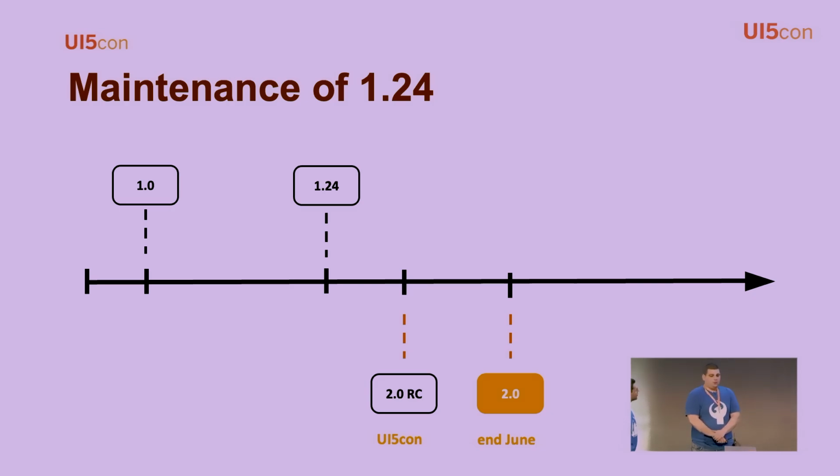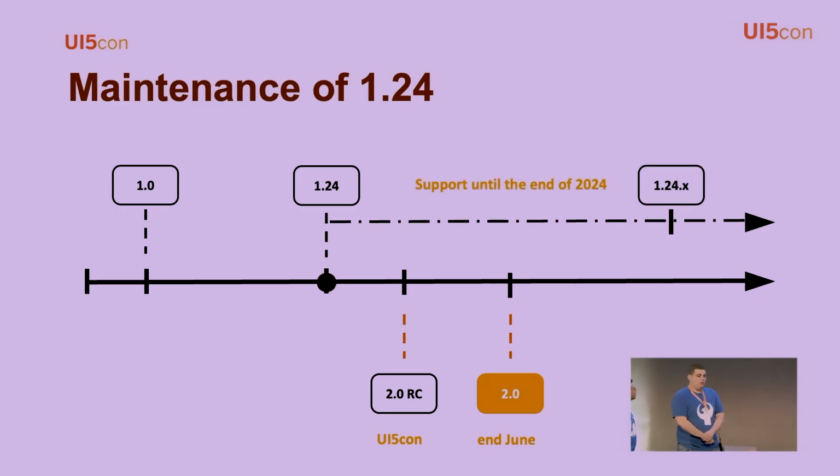And with that, we are providing maintenance for version 1 until the end of the year, and version 1.24 is the latest stable release of version 1. This version will have monthly patches with bug fixes, so we can ensure that the consumers have a smooth transition to version 2.